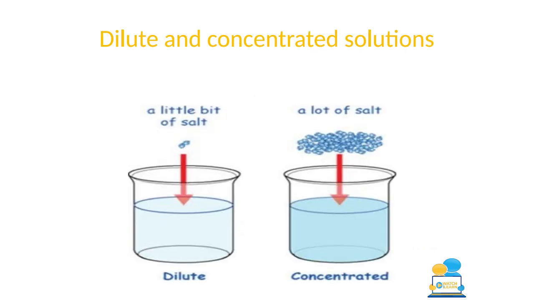Okay, so we've been introduced to solutions, and we hopefully understand that a solution is made up of two things. It's made up of a solute, and hopefully you're recalling that it's also made up of a solvent. These are the two components of a solution.